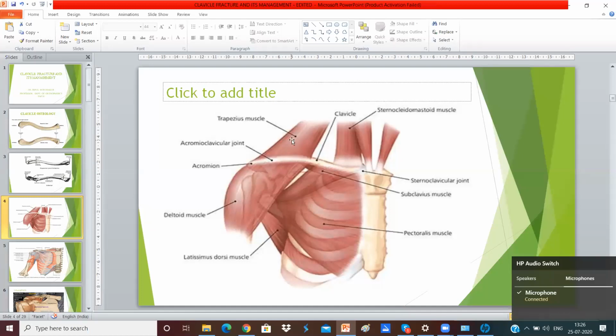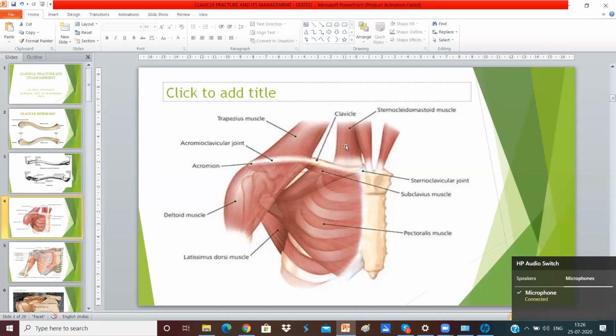They are synergistic sort of muscles. One is having origin, another is having insertion, working opposite to each other. So these are big muscles attached to the clavicle. On this side beneath you have the subclavius muscle, and part of the pectoralis major is also attached to it. So subclavius is down below, but pectoralis major is above.